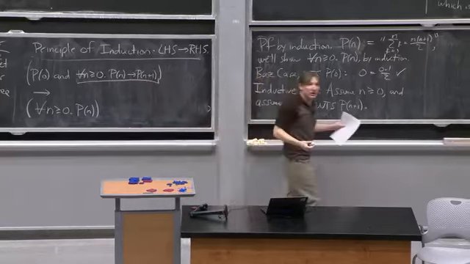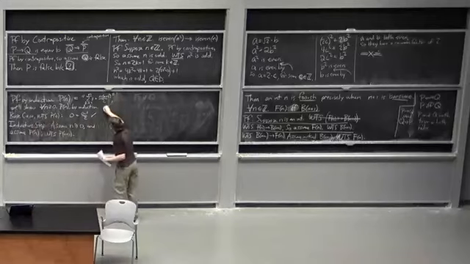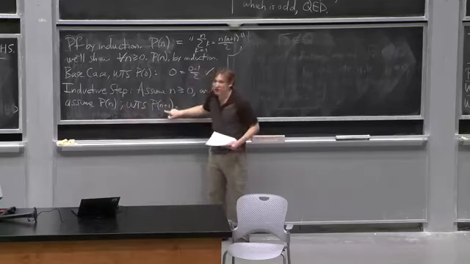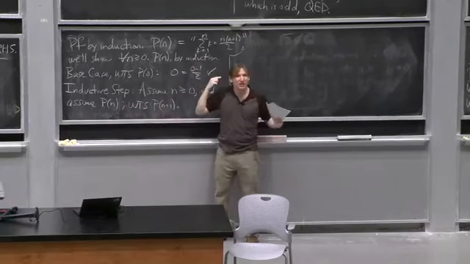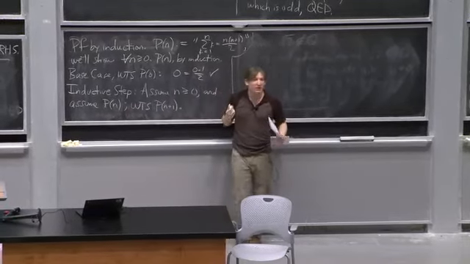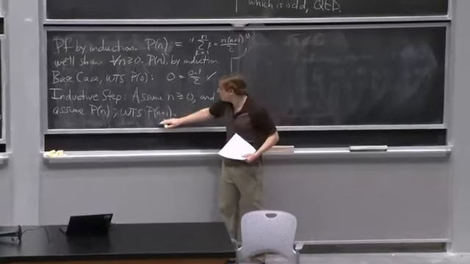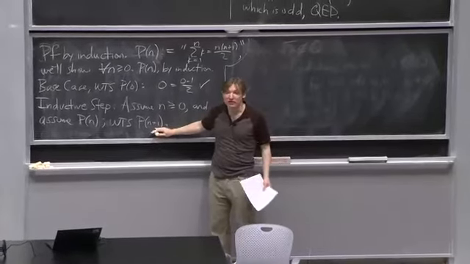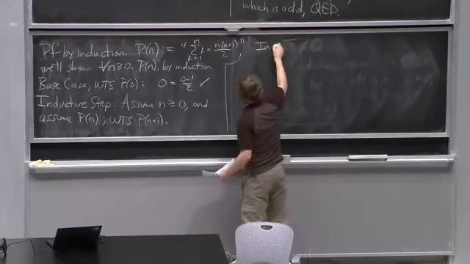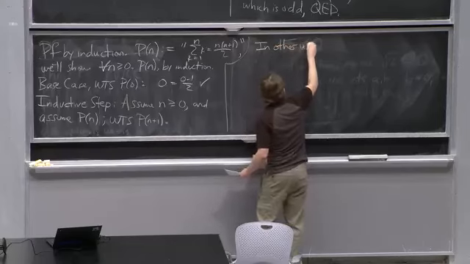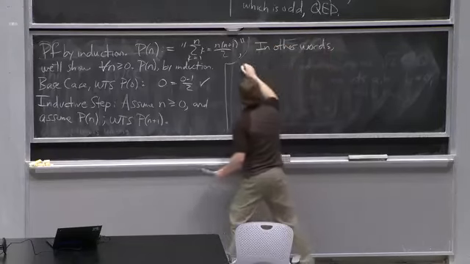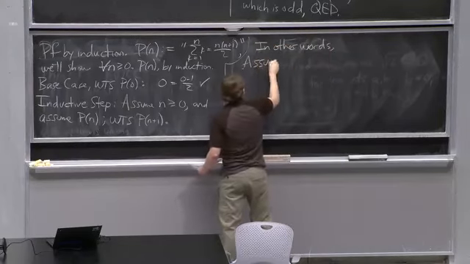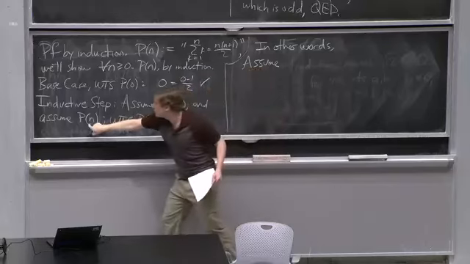The next thing I always recommend when proving something by induction: what is P of n? What is P of n plus 1? I know we defined it, but I can't remember what it is. I always find it much more useful to write these things down in context. So, in other words, we're supposed to assume P of n.